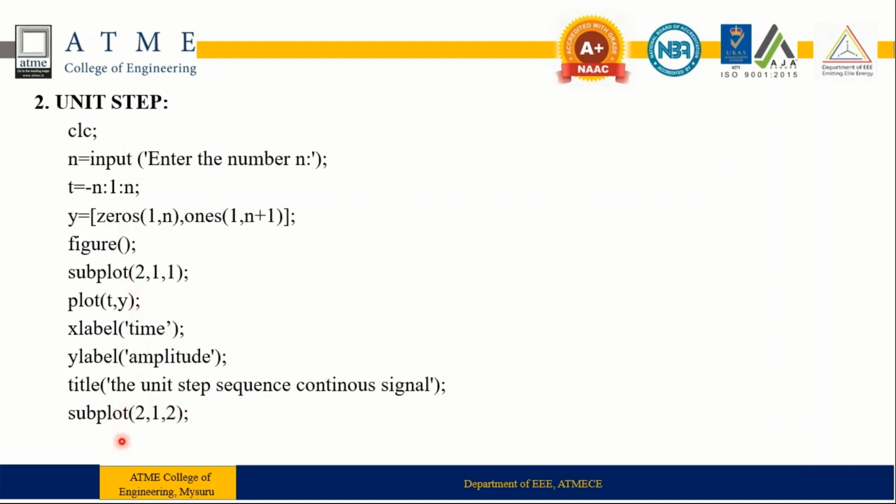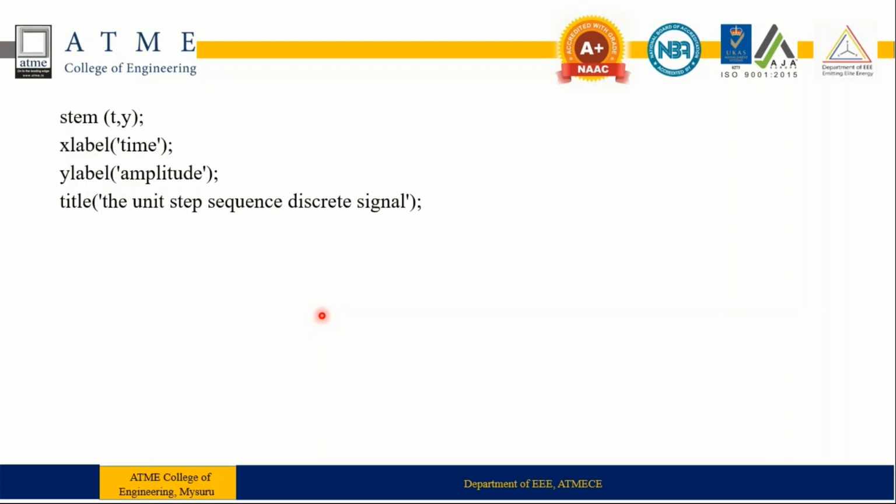The subplot will give us multiple figures in a single window. Since the objective is to represent a signal in both continuous and discrete time domains, in order to have a continuous signal we need to use the command plot, whereas for the discrete time signal we need the command called stem.